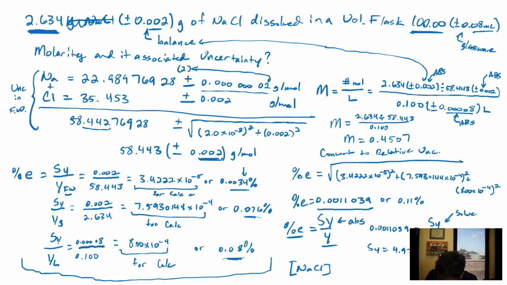So you can use that as a shortcut instead of writing out the word concentration, just put the brackets around the formula equals the molarity that we calculated above, right there, 0.4507, and then plus or minus, and of course don't forget to put the parentheses there, because that's what your book likes to do. Okay, 0.0005. And what's the unit? Molar, right? And so that is your answer for this.